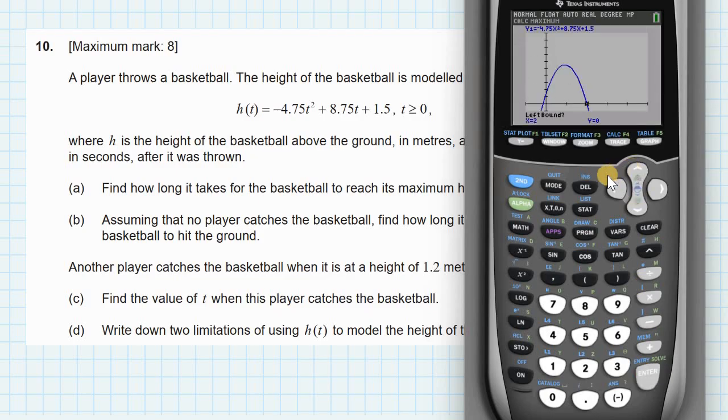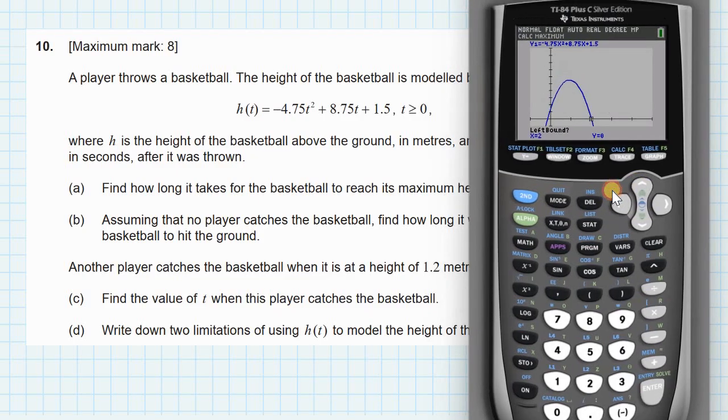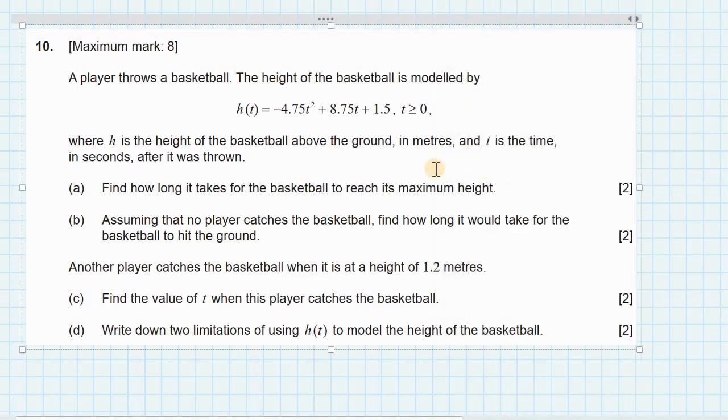We have left bound. Where's the left bound? Okay, enter. Right bound should be on the right of the maximum. Enter once again. So we have maximum 0.921052.